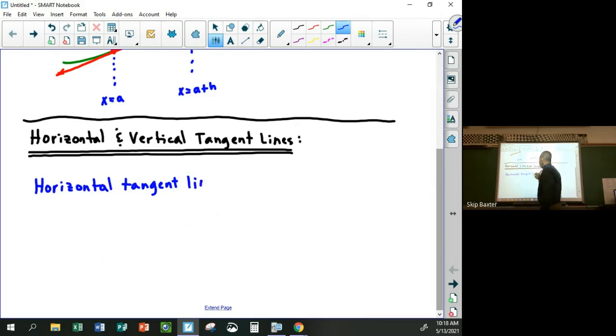Horizontal tangent lines occur when the derivative is 0, obviously, because if the tangent line is horizontal, horizontal lines have 0 slope, right? So horizontal tangent lines occur when f prime of a equals 0.